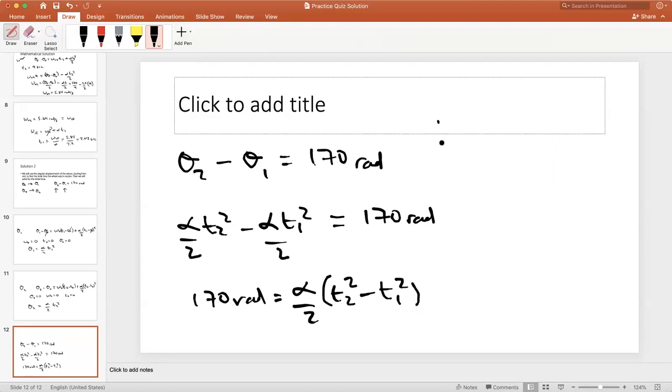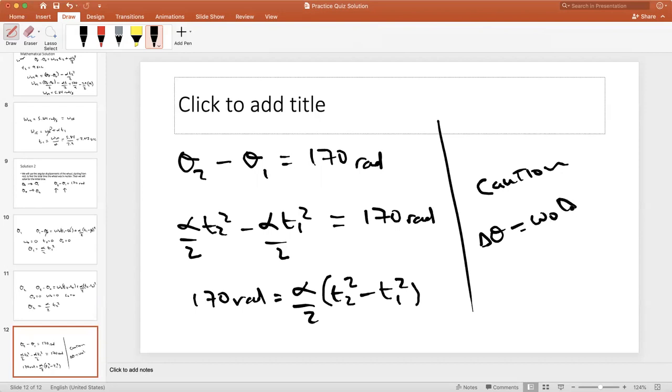Now here's a big caution. If you naively wrote that the change in angle was equal to omega naught times the change in t plus alpha times the change in t squared over 2, note that this would still be 0.